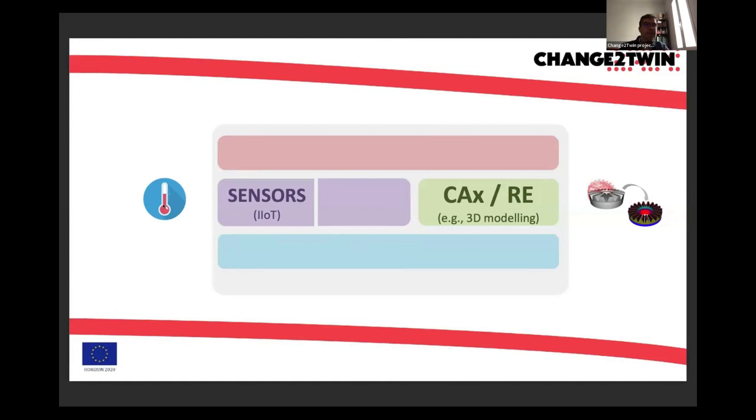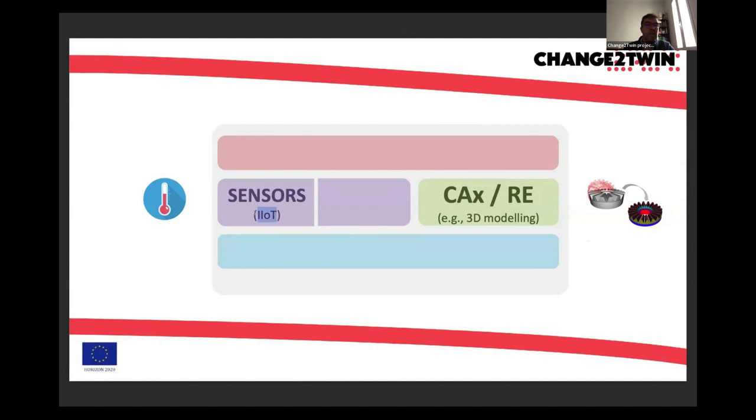So in real time, digital twins need to acquire information from sensors. It can be temperature, it can be humidity, whatever kind of sensor you can imagine can be handled within digital twins.